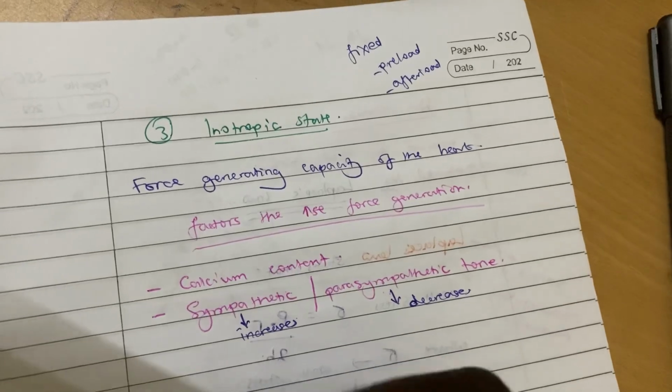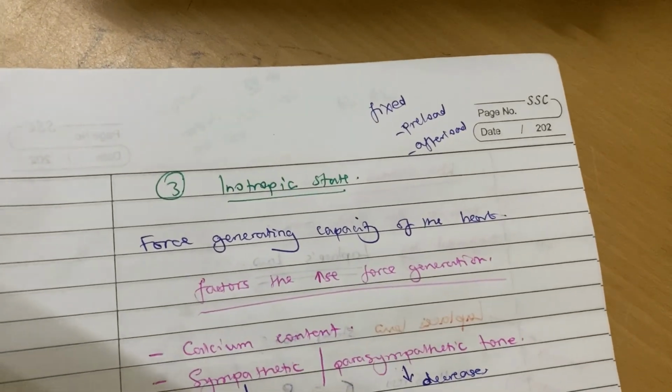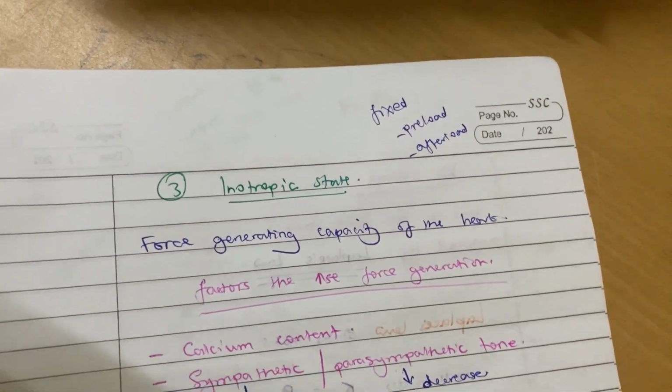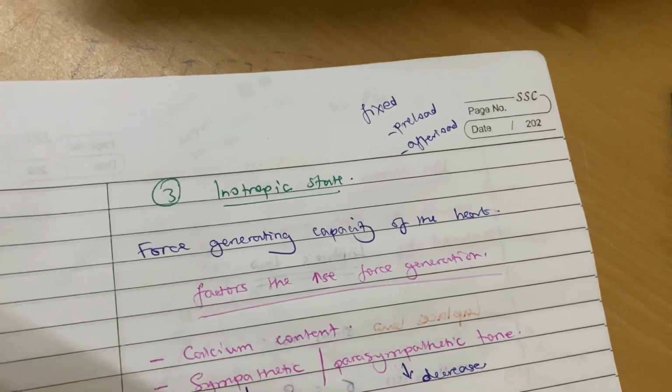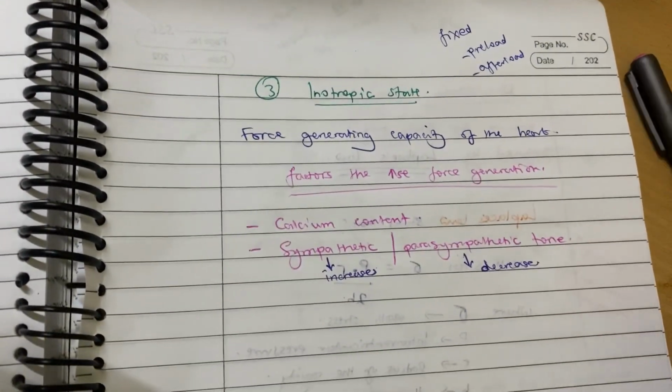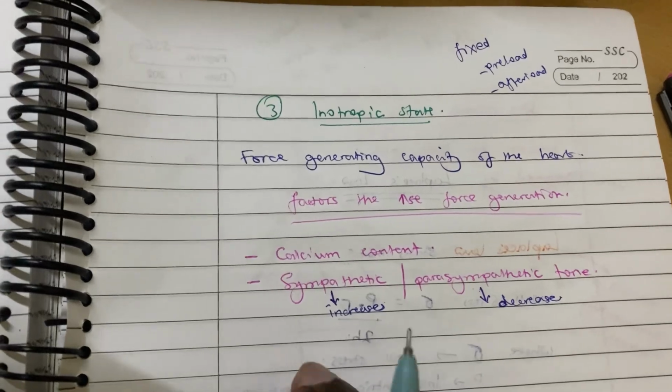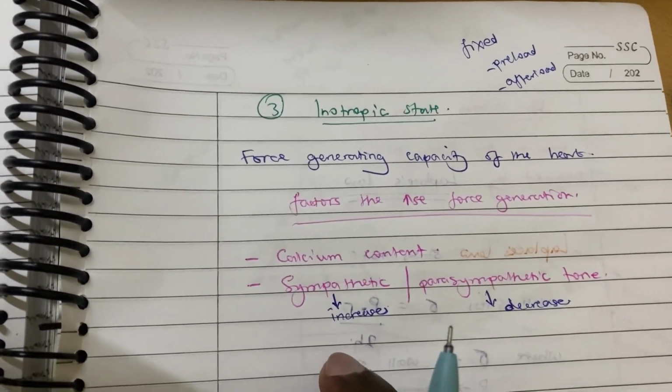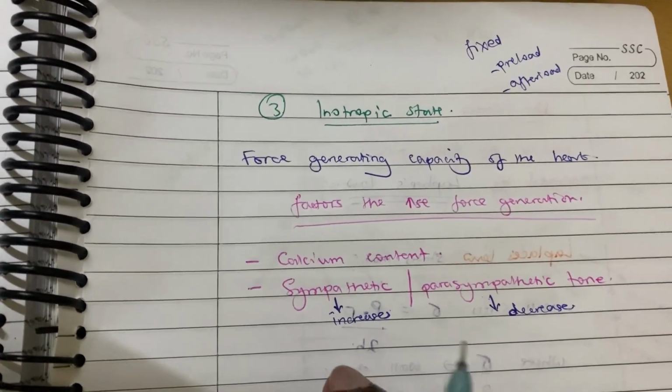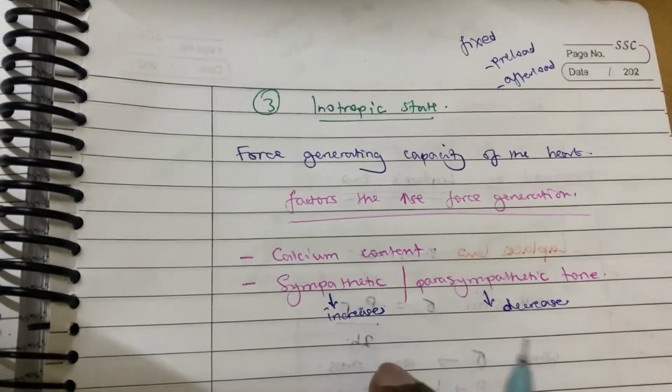One of them is exercise, or you give inotropic agents like dobutamine. That's what it does. It increases. Also, digoxin increases inotropic state, inotropic capacity of the heart, force generation capacity.